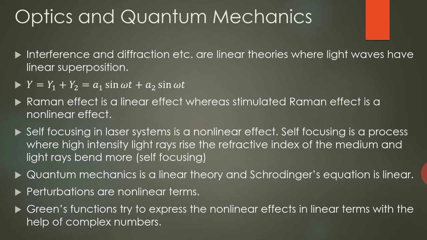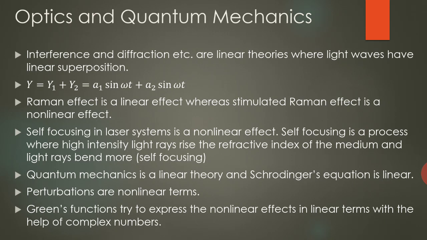In self-focusing, because of the high intensity of the electromagnetic radiation or light rays, the electric field alters the refractive index of the medium, because the refractive index is a function of permeability and permittivity.